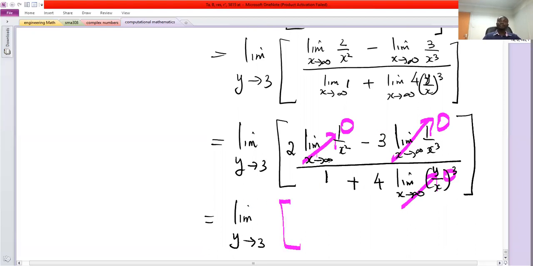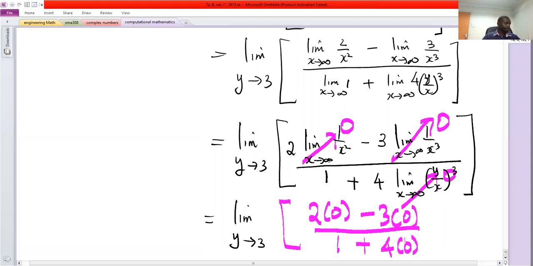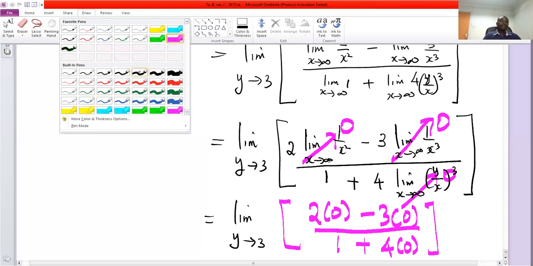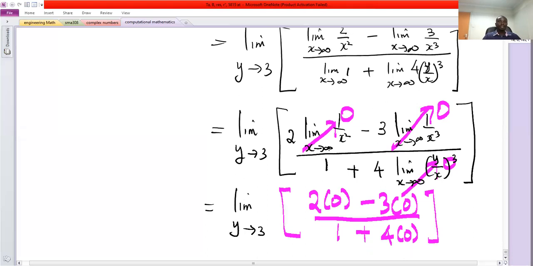So we have 2 times 0 minus 3 times 0 over 1 plus 4 times 0. And that resulting fraction is defined because the denominator is not 0.